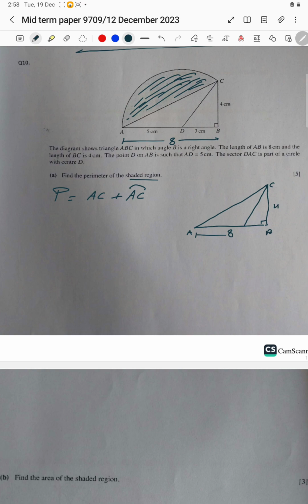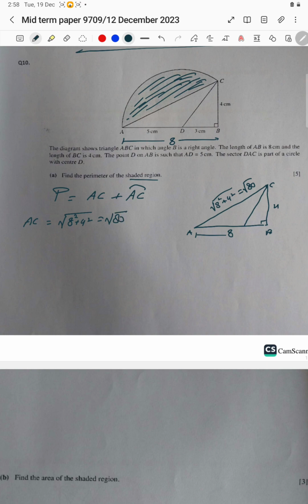So I can find AC by the Pythagoras theorem: 8 square plus 4 square, 64 plus 16, that gives me root 80. So AC is root 80. We can let it be as it is.